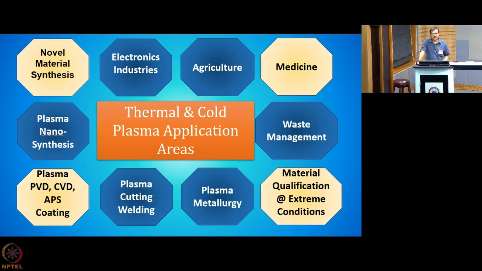And for the welding arcs, almost all the stainless steel industries are using them. They are called TIG welding, tungsten inert gas welding. So, the arc that is generated there causes the welding, and a similar arc in the case of cutting does the cutting job of thick metal plates.